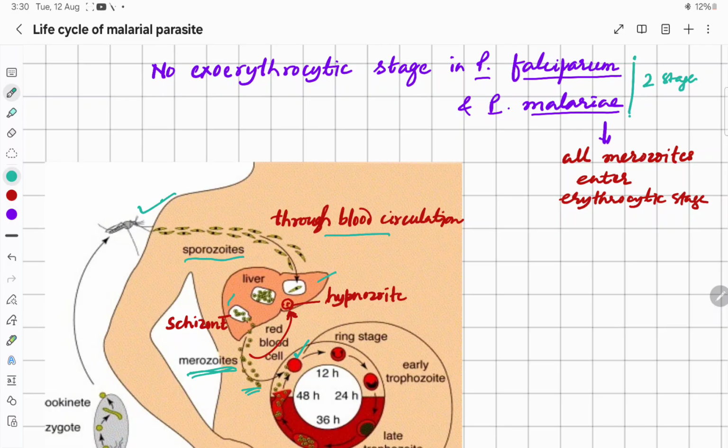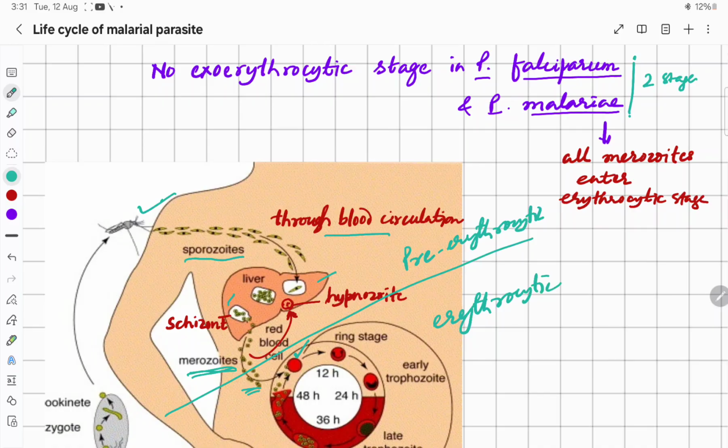So that starts the erythrocytic stage. Before that, this is pre-erythrocytic stage in the liver. Then when it attacks RBC, it is erythrocytic stage or erythrocytic schizogony.